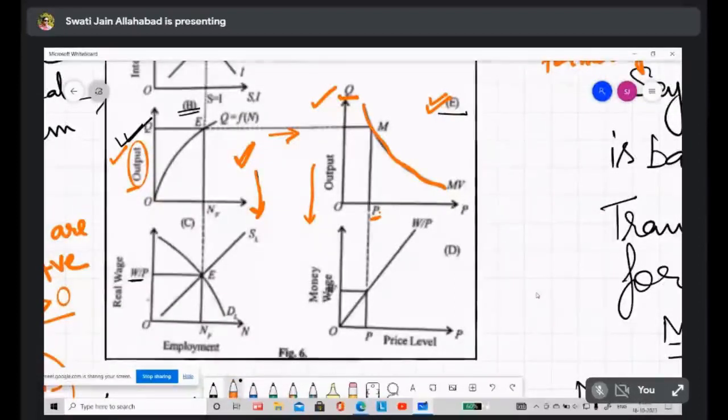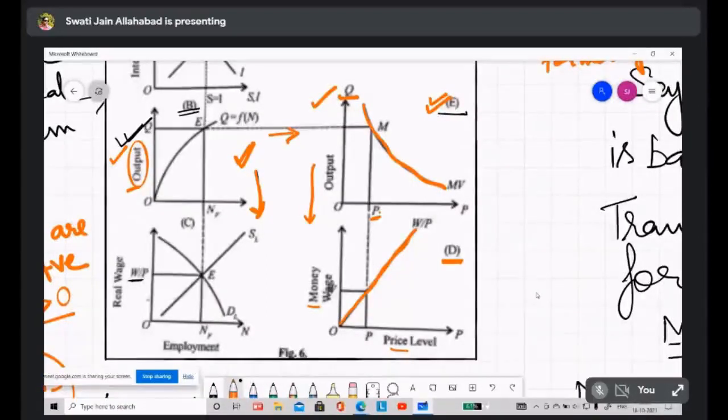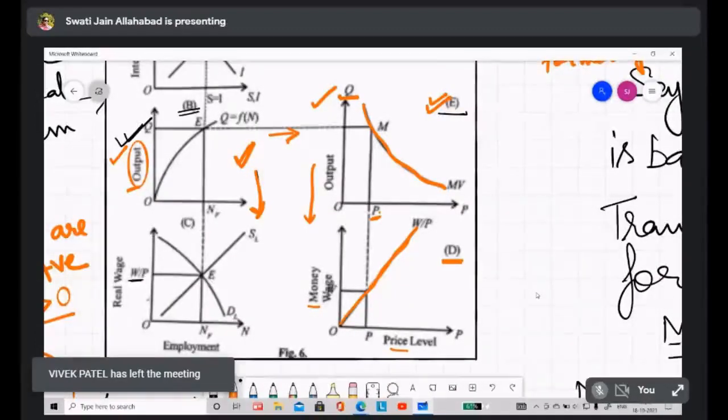So in this D part of the diagram, we are showing the relationship between money wage and the price level. This is shown by an upward sloping line. This upward sloping line shows a positive relationship between money wage and the price level. As the price level rises, the money wage rises.